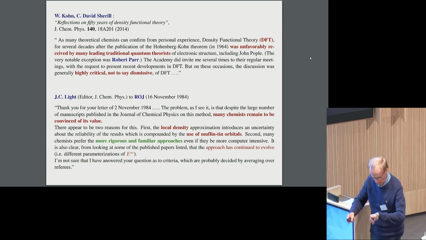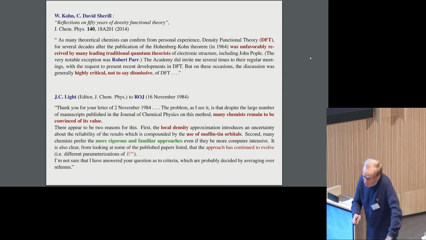Here we have the problem of how we are going to talk about the differences between condensed matter physicists and chemists. Here we have the typical versions from Walter Kohn, that he had an enormous amount of problems.